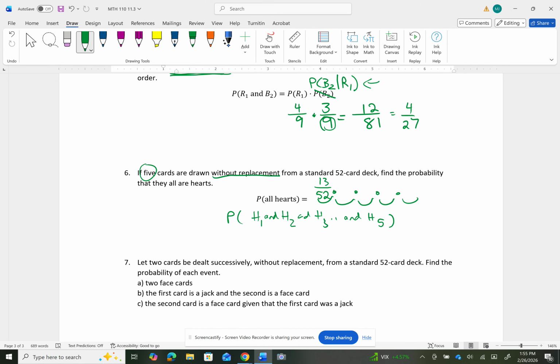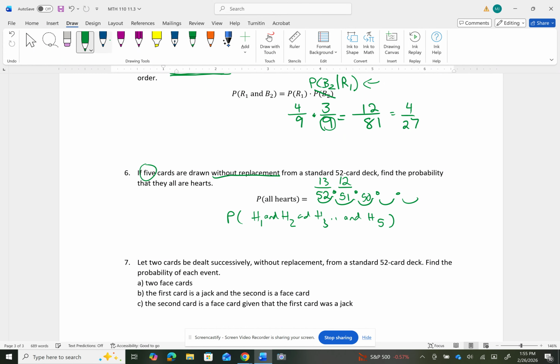Now, what happened to that card? Okay, it stayed out without replacement. So that means before I make my second draw, you realize that you only have 51 cards, and then you assume that first card was a heart, then you're down to just 12 out of 51. All right, so now that card is out of the deck.